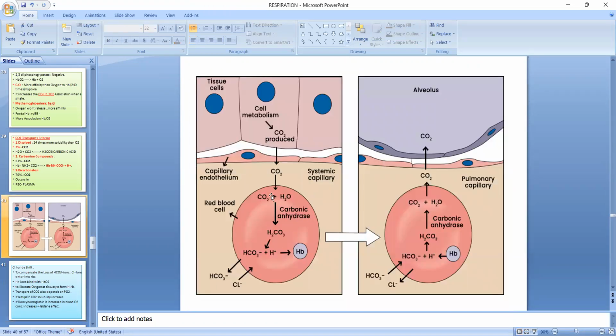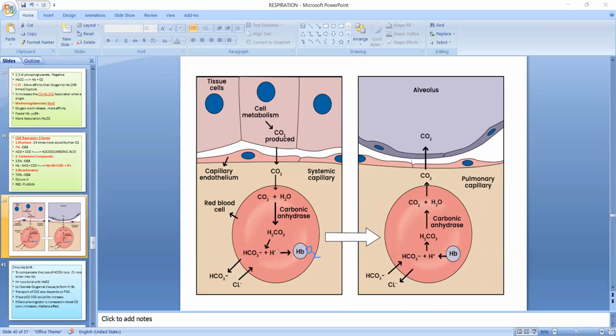So the same here, what happens? In the cell, CO2 enters into RBC, carbonic anhydrase combines these two to form H2CO3. Immediately it is dissociated as HCO3 minus and H plus. Okay, H plus combines with HbO2, at the tissues.